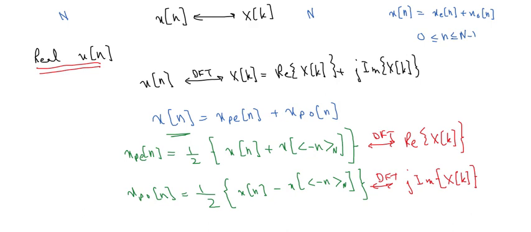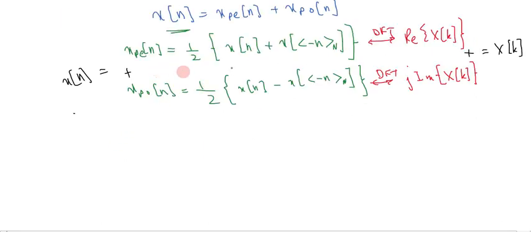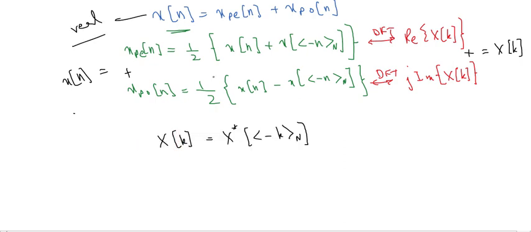You can observe that if you sum them up you will get x of n. Similarly, if you sum them up, real part of x of k and j imaginary part of x of k, you will have x of k. So from these properties we can say the discrete Fourier transform of real x of n is circularly conjugate symmetric.